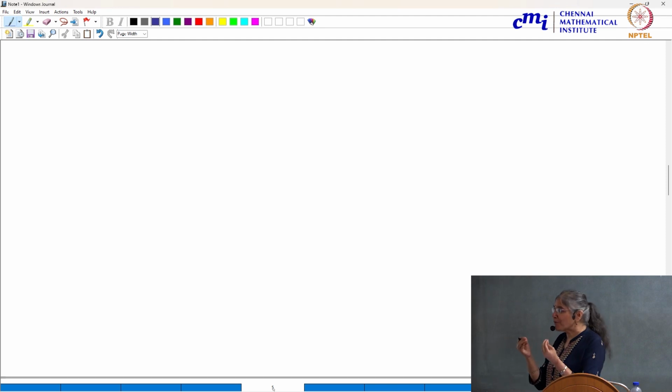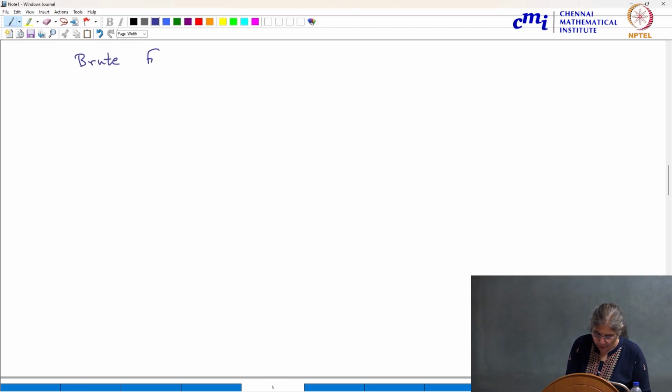What is the simplest brute force algorithm you can think of? Try everything, okay? So one brute force algorithm would be to try out all assignments.